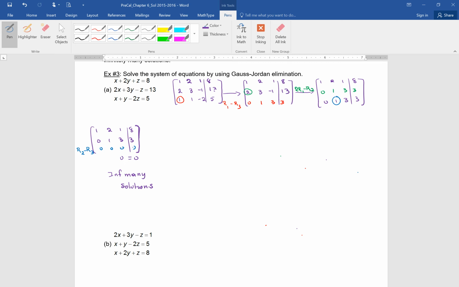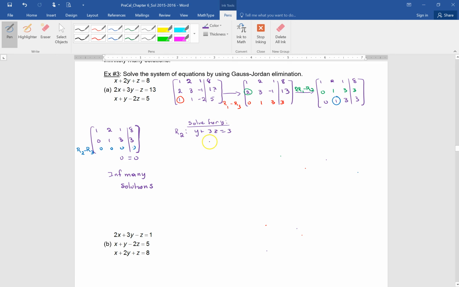All right. So what we have here is this. What information do we have from row 2? Well, that y plus 3z is equal to 3. Now, because it was row 3 that would have given us information on z, and it got eliminated, you want to solve this for y.